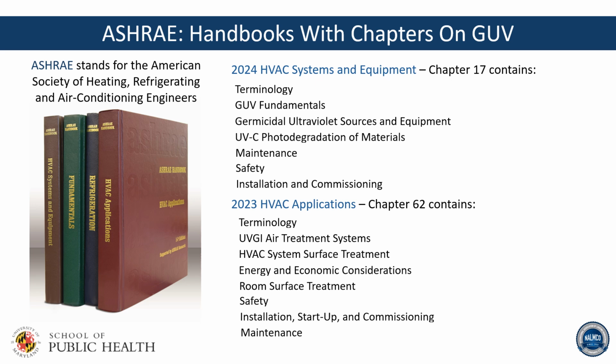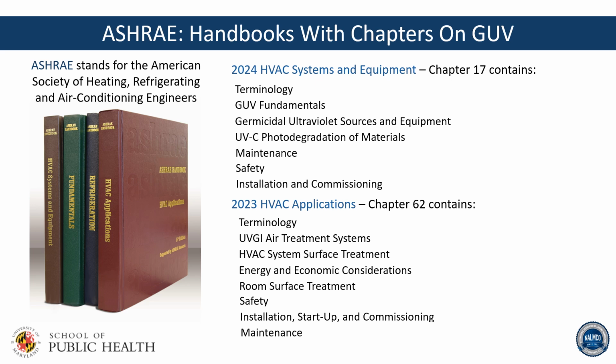ASHRAE has two handbooks that each include a chapter on GUV. One is the 2024 HVAC Systems and Equipment Handbook, and Chapter 17 contains terminology, GUV fundamentals, germicidal ultraviolet sources and equipment, UVC photodegradation of materials, maintenance, safety, and installation and commissioning.